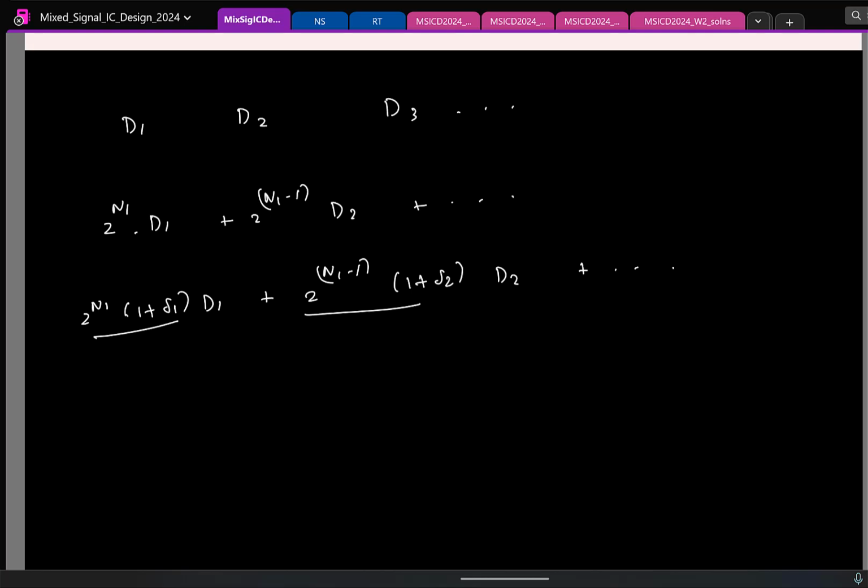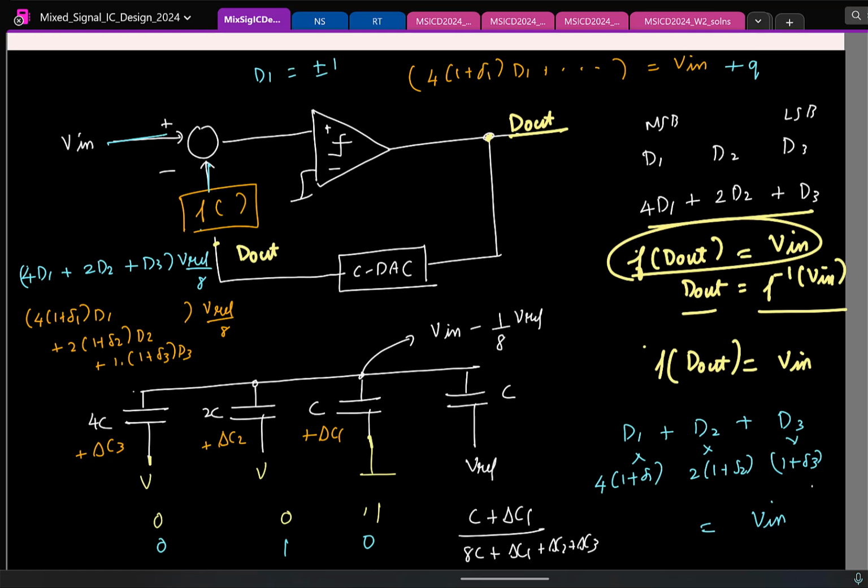The idea is you try to do whatever the negative feedback is trying to do. Because negative feedback is agnostic to any nonlinearity, the feedback signal will try to match closer and closer to the input, up to quantization. So this is how through the digital domain we can correct for the nonlinearity. This is what we call digital calibration.